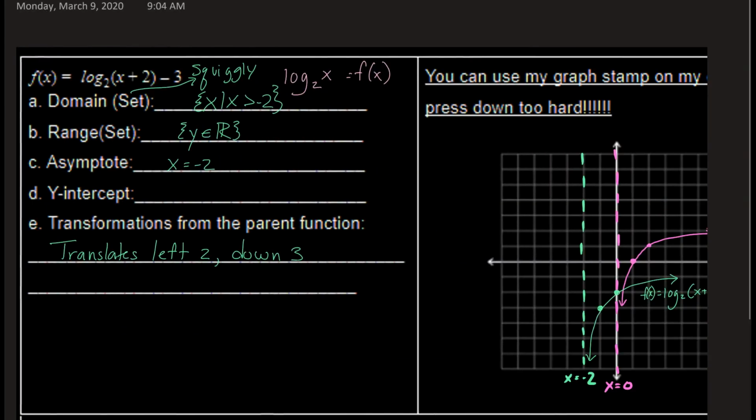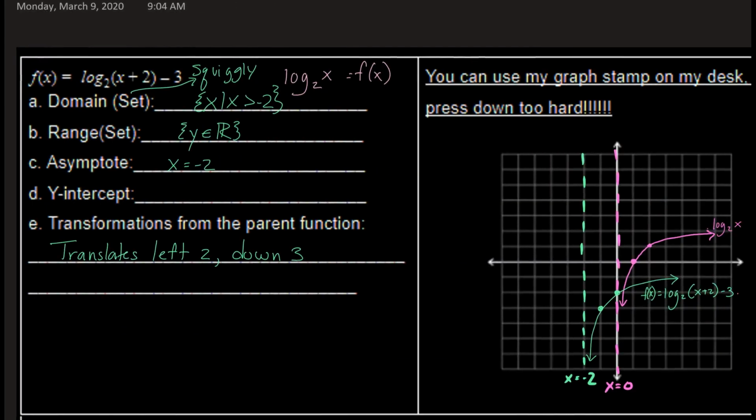What was my y-intercept? What's the x value of that y-intercept always? 0, and then the intercept is -2.